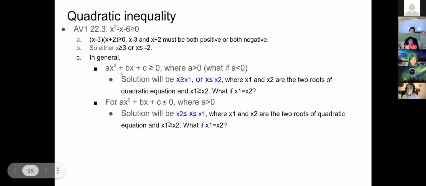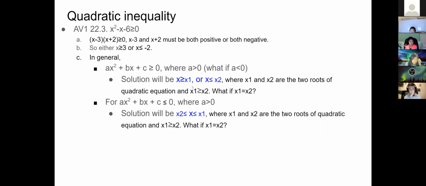In general, we want to make sure the coefficient of x squared is positive, and this is what we have for this problem. The solution would be, or to say the range would be, x greater than or equal to the larger root, or less than or equal to the smaller root.